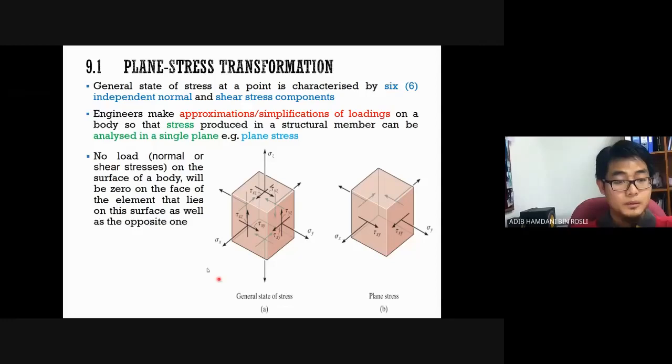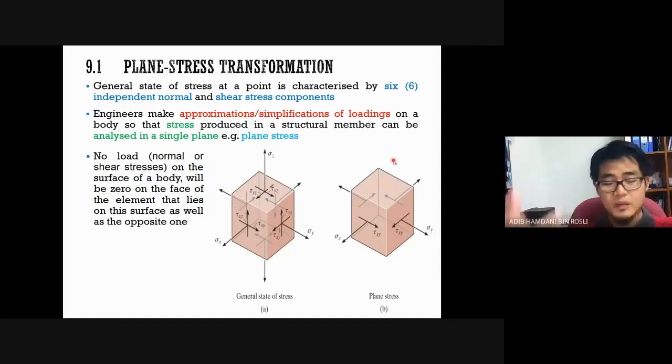So you have seen this before, the general state of stress here, right? Where you have sigma x, sigma y, and sigma z, of course in 3D, and then you have the three other components: tau xy, tau xz, and tau yz, right? And then if you simplify further, for instance, you analyze a single plane of plane stress, then you can eliminate some.